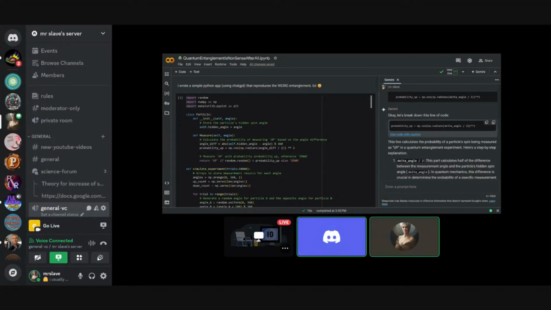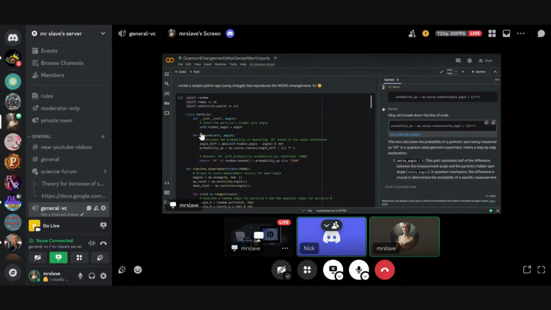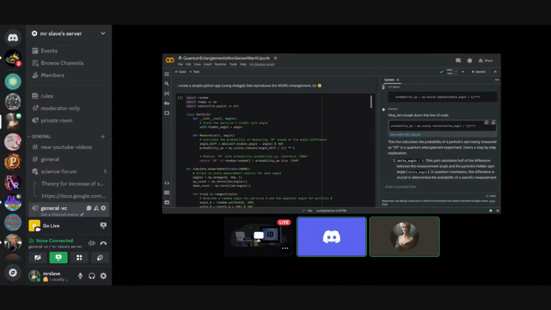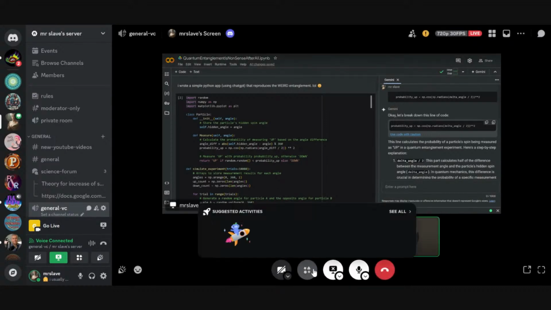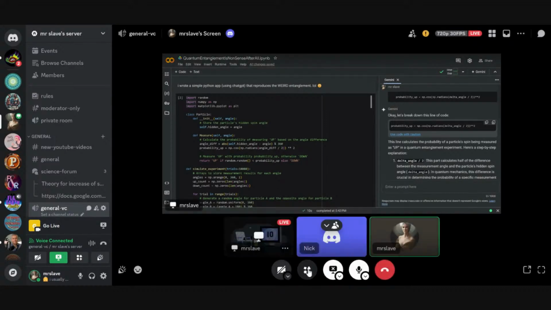It's very confusing. I'm not talking about the spin up, but the probability up. If it's at zero, then it's a certain probability up, so you go to the next particle, or it's a certain spin up.